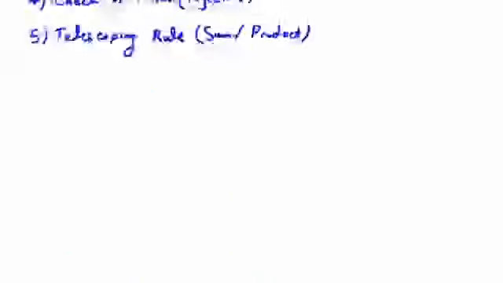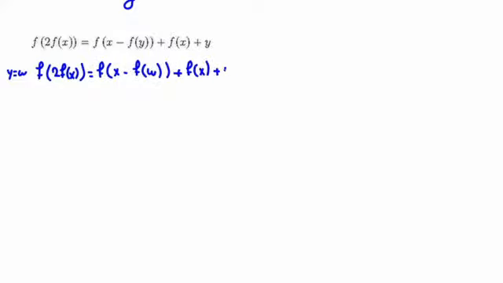Now we want to use the idea I told you, get rid of, for example, a complicated term. How? Here we have 2 complicated terms, and our problem is here. So I say if we consider x and y, we have this. If we consider instead of y, we write w. So we have f of 2f of x. So we consider x and w. It will be f of x minus f of w plus f of x plus w.